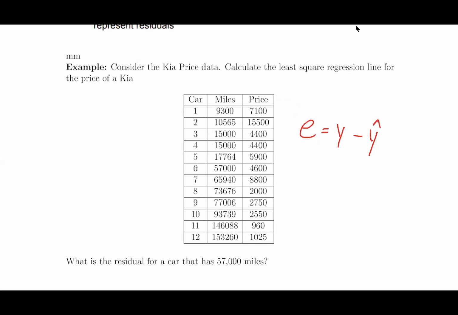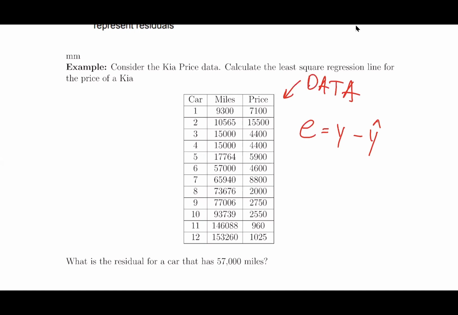So here's my data. If you look at it, we have miles and the price of the car. So we have to figure out which one's our x variable and which one is our y variable. The x variable is the independent variable, and the y variable is the dependent variable. So the y variable depends on the x value.